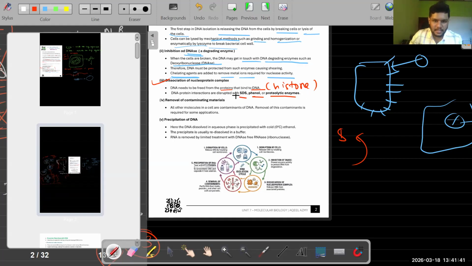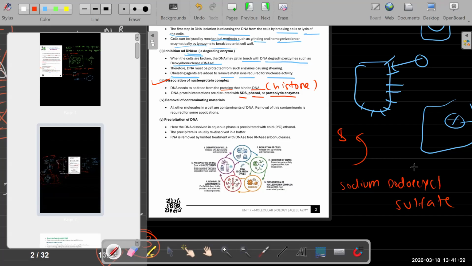So SDS, just put a bracket and write sodium dodecyl sulfate, right? By adding these three we can dissociate the nuclear protein complex. Is that third point clear?